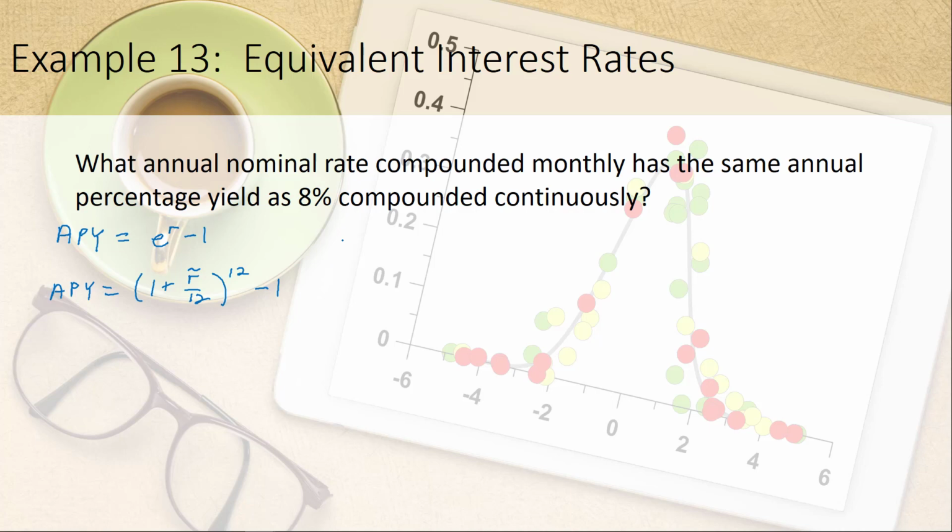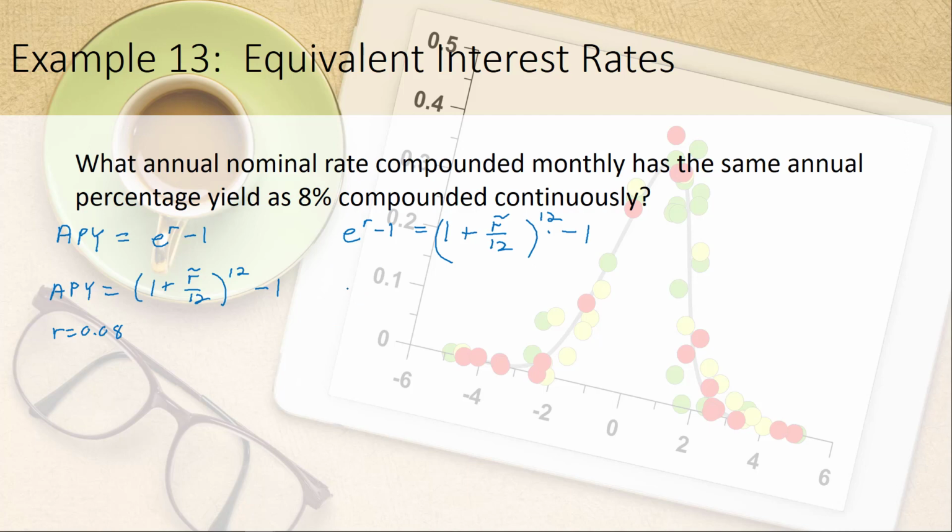So what we're going to have is that e to the r minus 1, you want to set equal to 1 plus r tilde over 12, raised to the 12th power, minus 1. Okay, what else do we know? Well, we know that the interest rate for the compounding continuous case is 8%, so the r is equal to 0.08. That's 8% divided by 100.